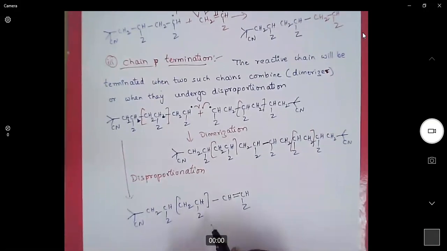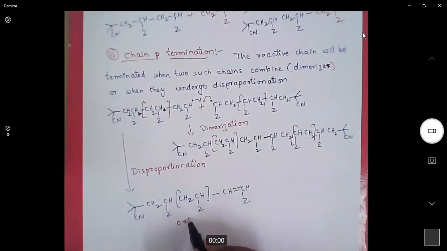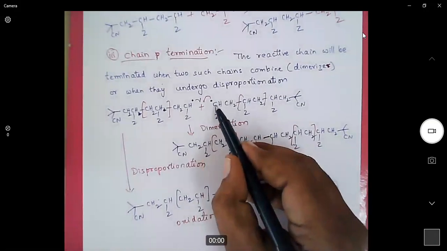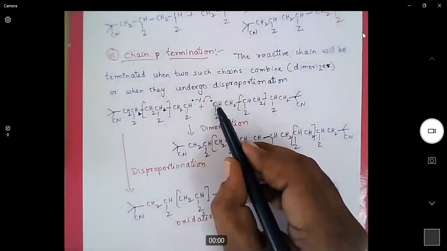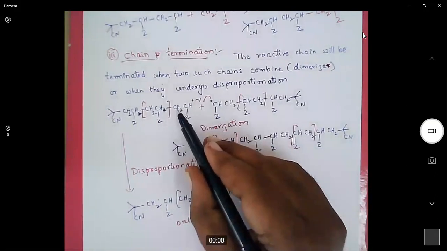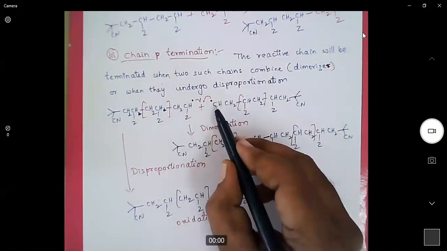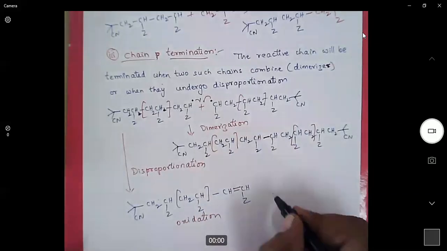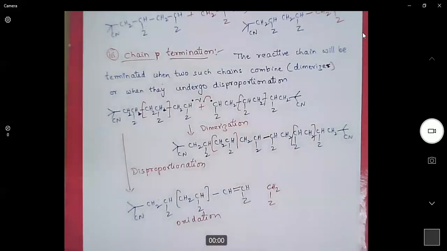So this molecule has undergone oxidation, and another chain will pick up this hydrogen radical. Here we have one radical on carbon. The hydrogen radical generated from this carbon will now come and form a bond with this radical. So it generates CH2, CH2Z.